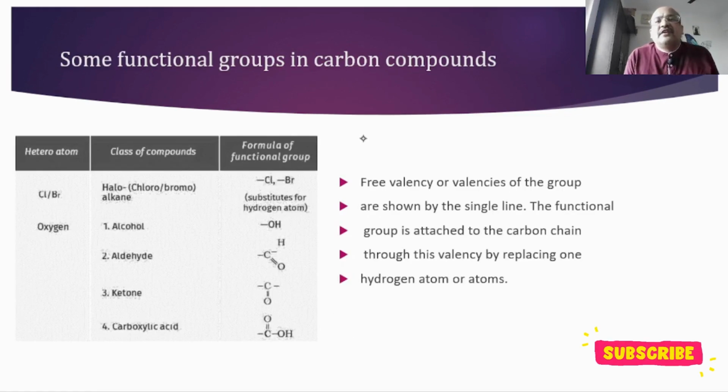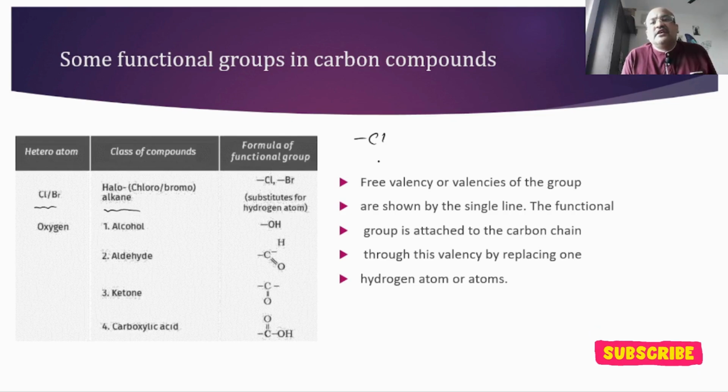So there are some functional groups here. Let us try to understand. I told you that is my halogens, the halo group. Here you see chlorine, bromine. So what is the formula of the functional group? See here, the free valency or valency of the groups is shown by a single line.